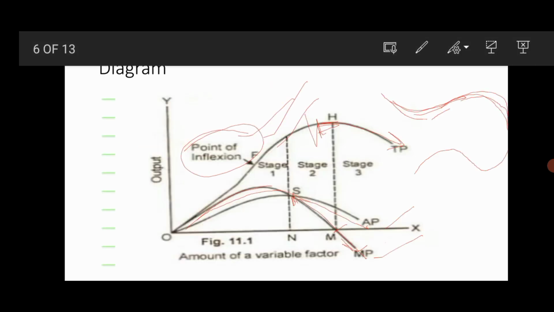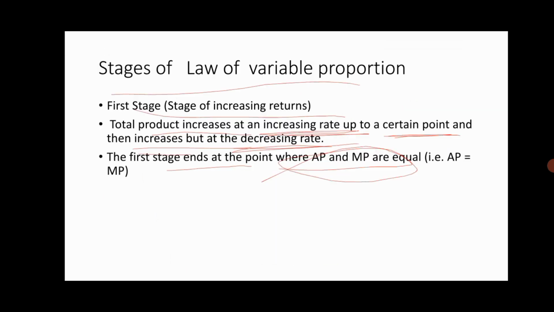Initially total product goes on increasing, but after a point average product and marginal product decrease, and total product starts to increase at a decreasing rate. So that was explained here in the first stage.